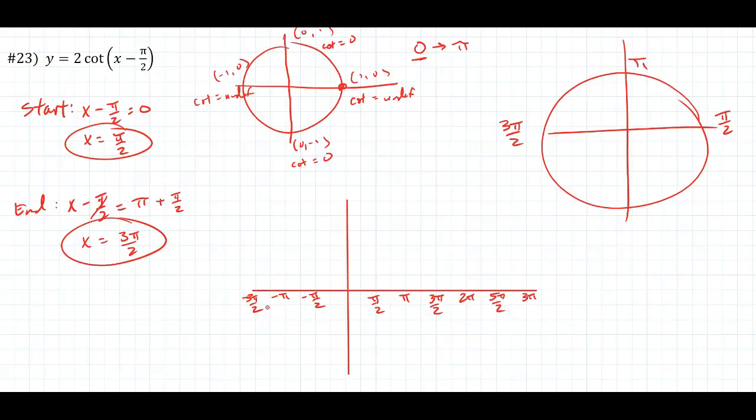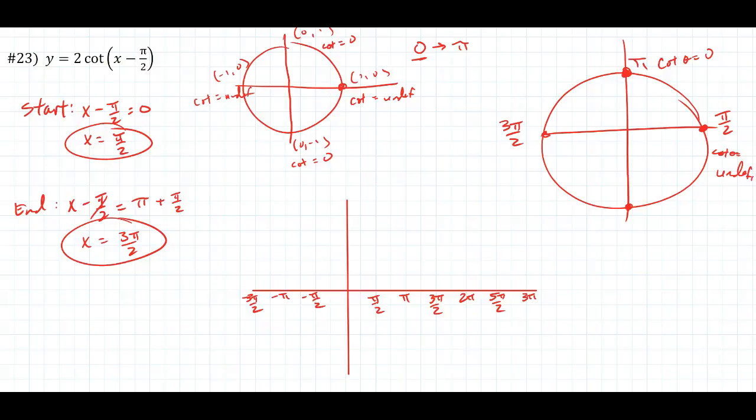We know that cotangent at all my pi's, in this case, is going to be 0, and at pi halves and 3 pi halves, cotangent is going to be undefined.